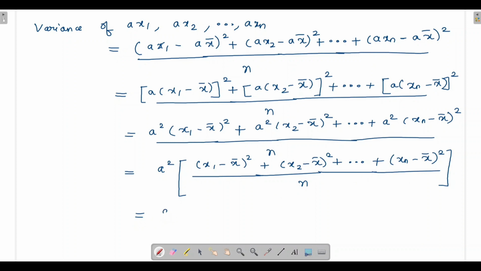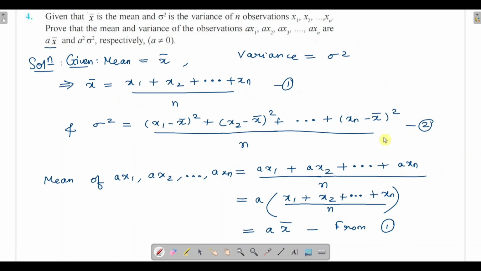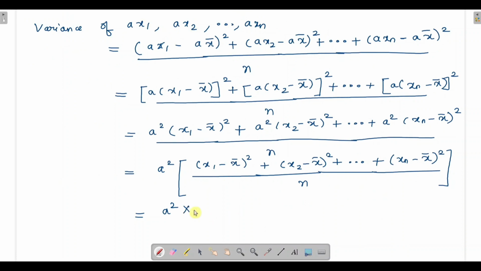Okay, so this is equal to a square, and if you observe this properly, what you have is the second equation here, right? So into what you will get is sigma square, so that is nothing but a square sigma square. So the variance of the new observation is a square sigma square. Okay, so we have proved both the parts.